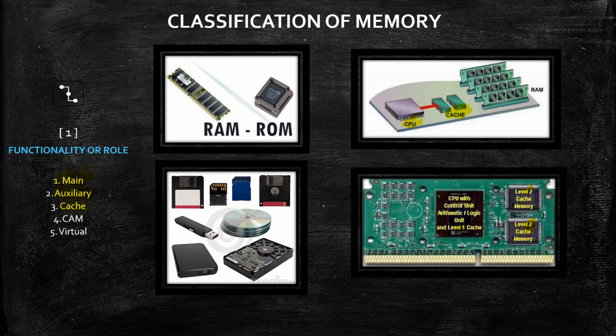It varies, but ultimately you can find level 3 and 2 outside the CPU and level 1 inside the CPU. About CAM and virtual memory, these are concepts that we will learn in detail. They are not devices, they are concepts of memory. So this is about the functionality based memories.